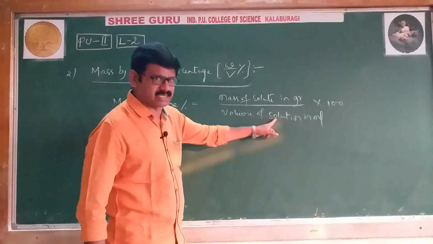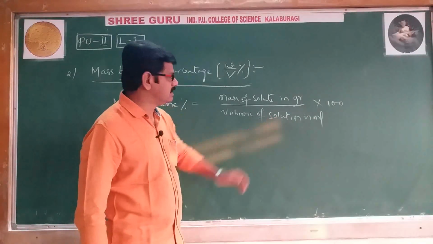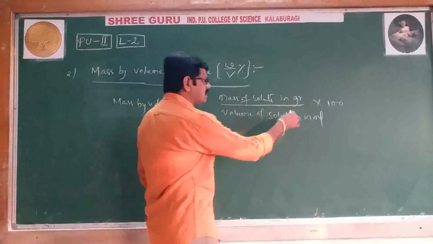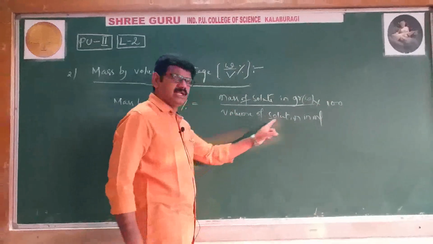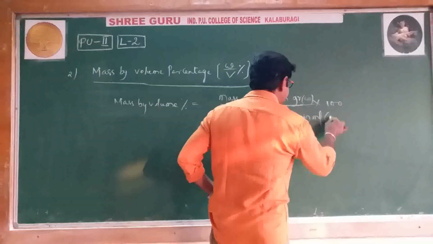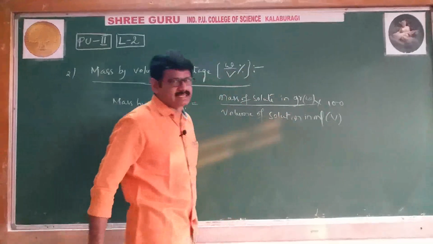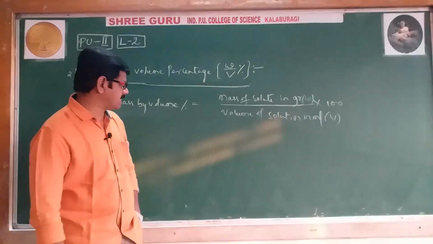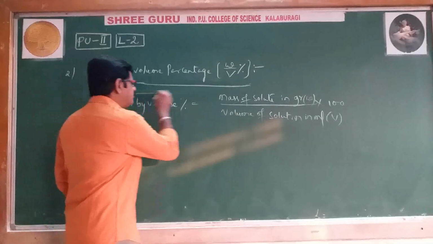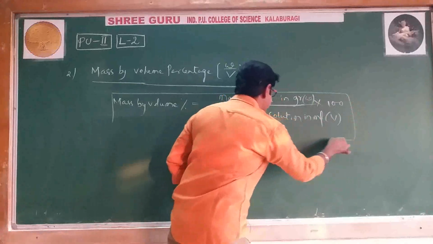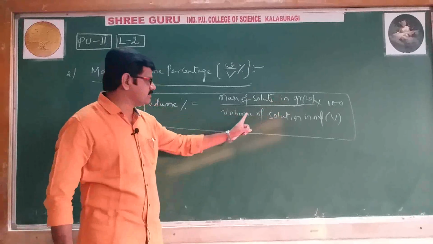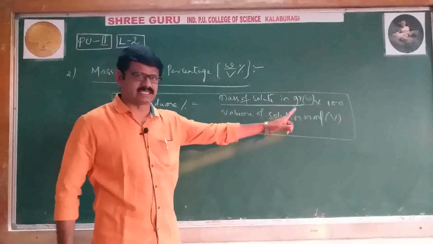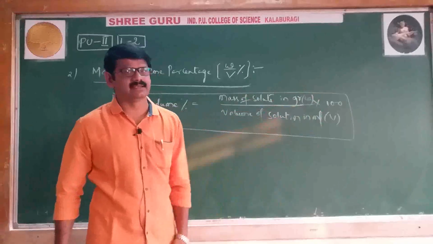It is solution, not solvent. Mass of solute we can designate with a small w symbol, and volume of solution with a capital V symbol, right? This is the formula to find mass by volume percentage: mass of solute in grams divided by volume of solution in milliliters into 100.